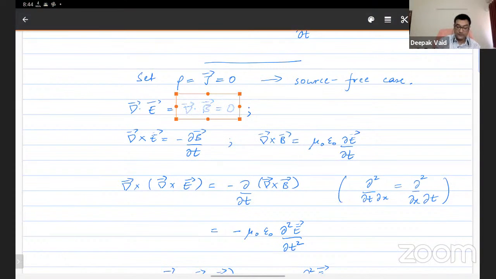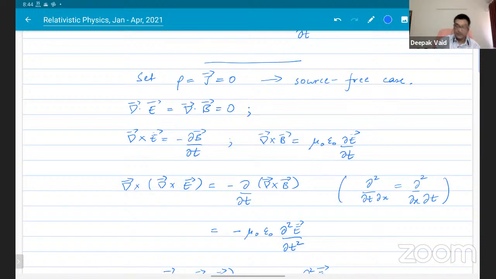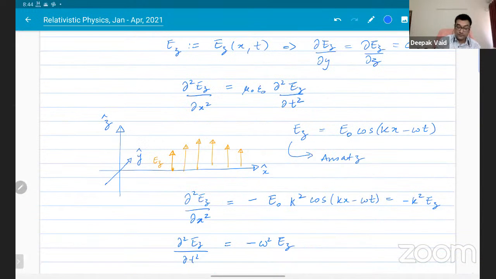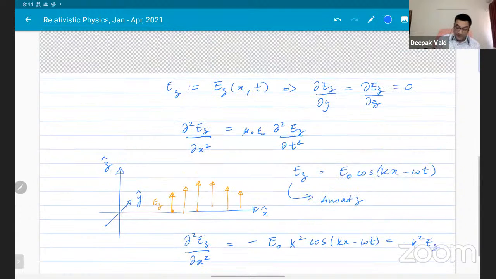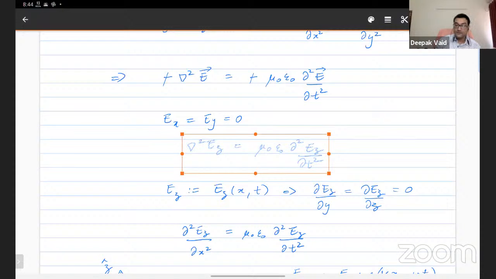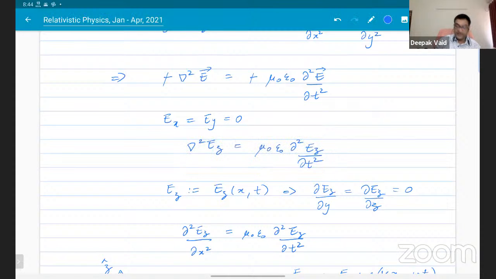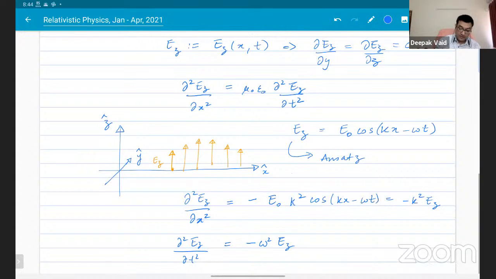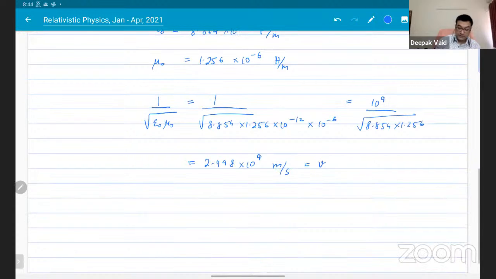Again, I will get divergence of B. I'll set that equal to 0. So I'll get exactly the same expression for the magnetic field. So the electric field and the magnetic field, they both have solutions which are given by plane waves, which are traveling with this velocity.